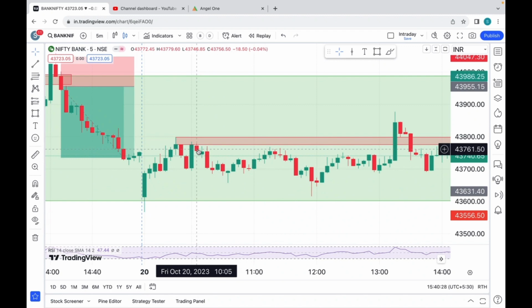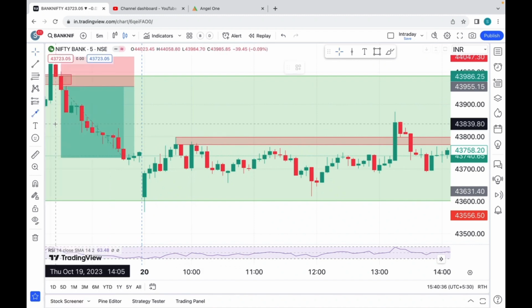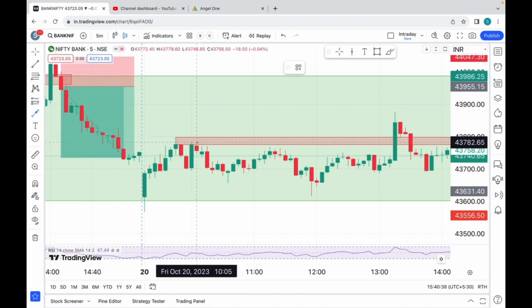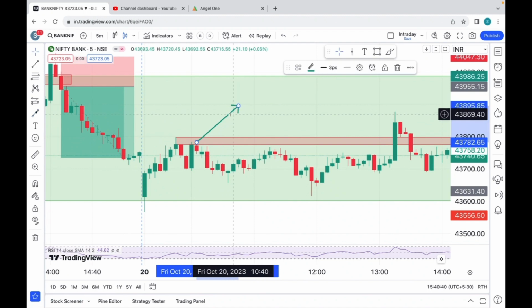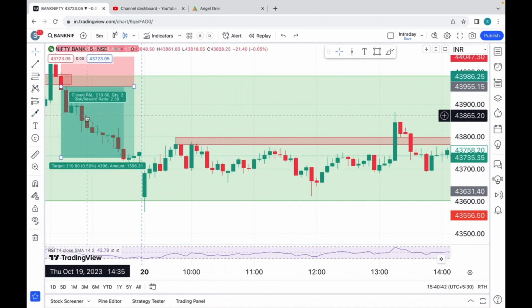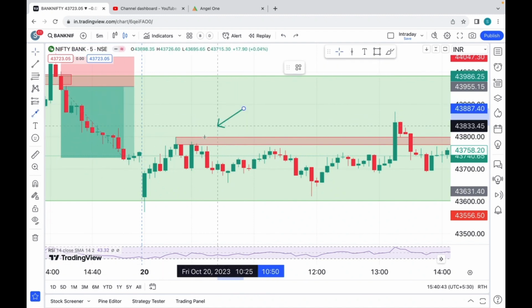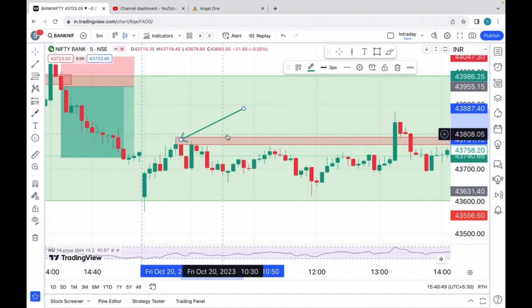this trade? Suppose, for example, you are taking this trade. The very first reason to take this trade is because of this bearish, sorry, that was in reverse. So this is the first reason. No, actually, this resistance zone is the first reason.